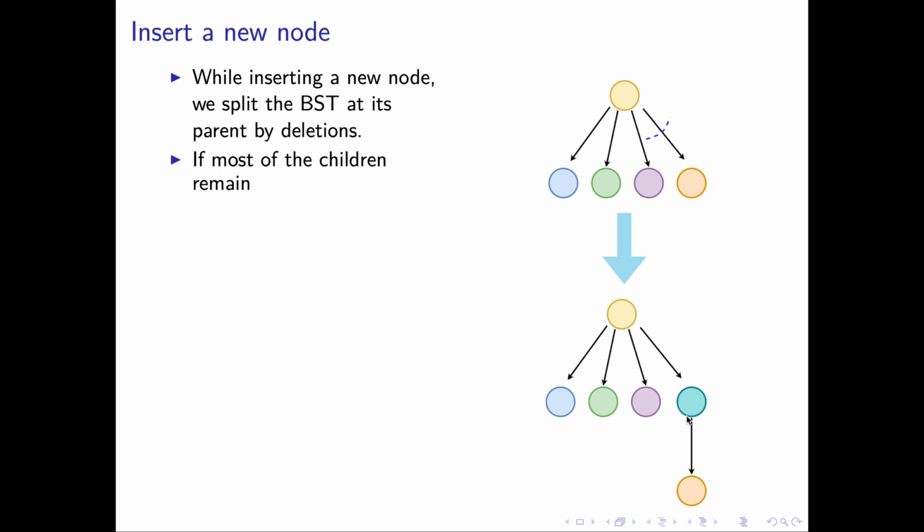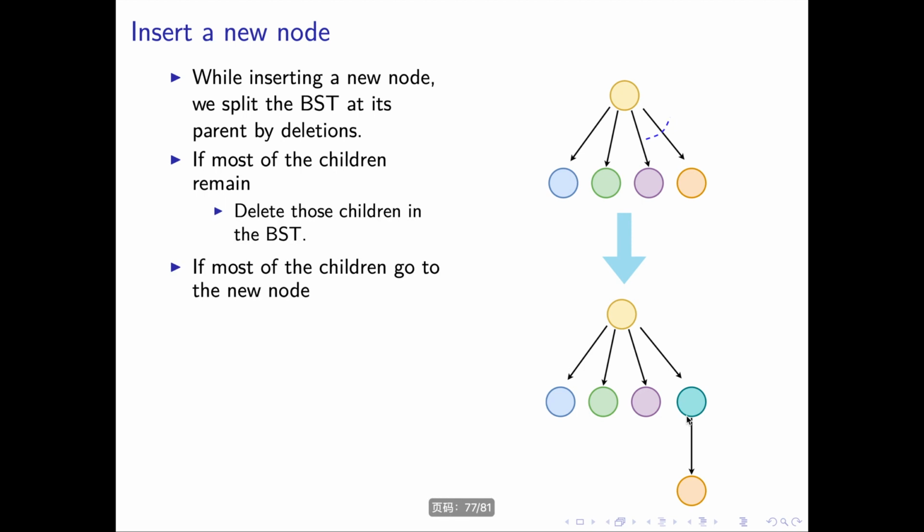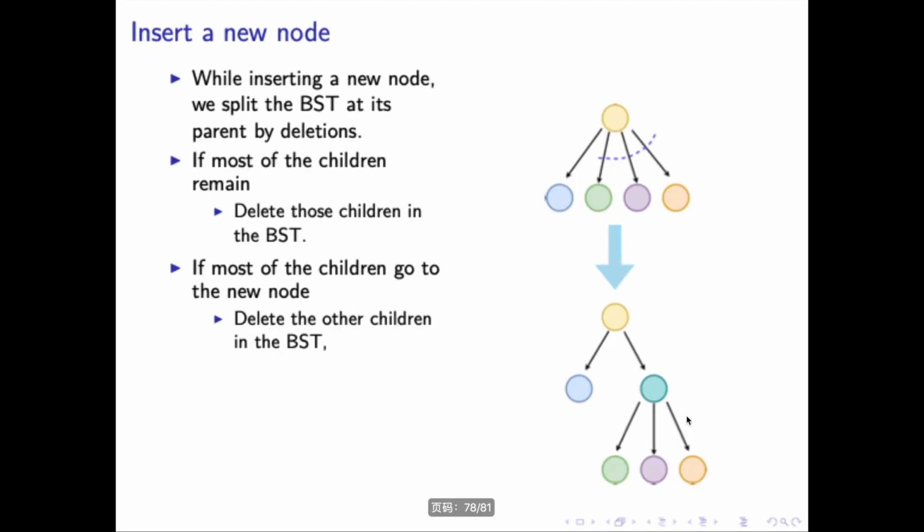But if most of the children go to the new node, which is the case drawn here, we delete the children that remain at the parent from the BST of the parent and directly give the BST to the new node. And then we rebuild the BST of the parent from scratch.